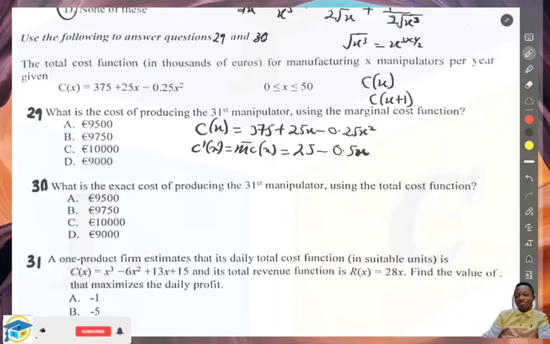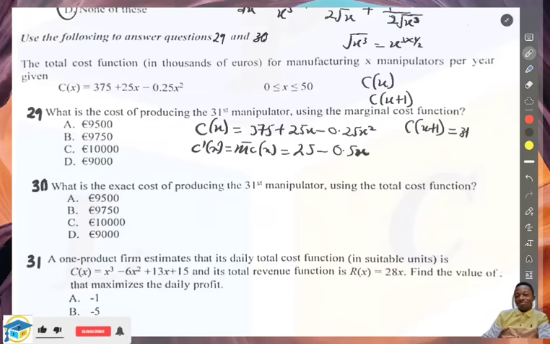The marginal cost of producing that additional manipulator should always be the cost of that one together with the original or normal level of production. Remember, the 31st manipulator is just one manipulator, one quantity, one product.